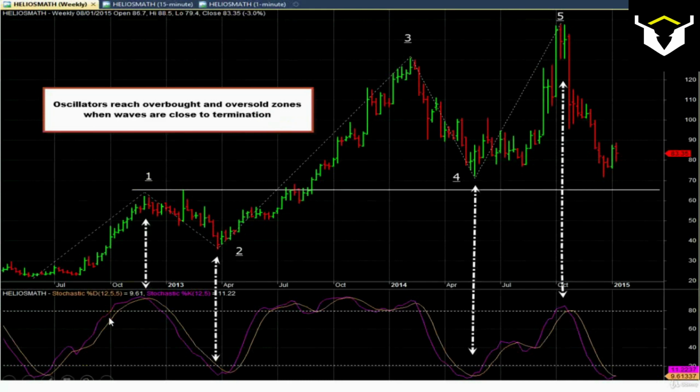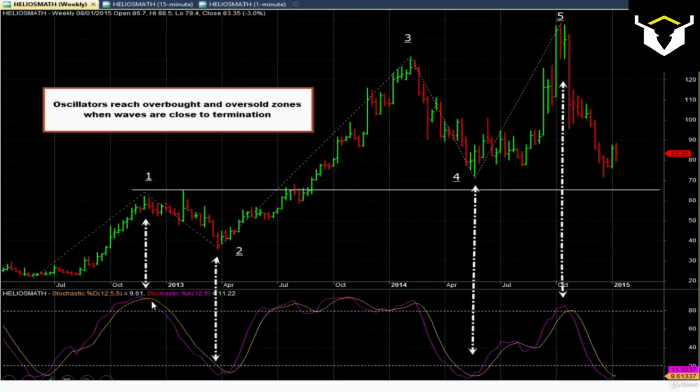Below is a stochastic oscillator plotted with a setting of 12, 5, 5. You can find the stochastic oscillator in any trading chart. It is one of the standard oscillators found in every charting software.